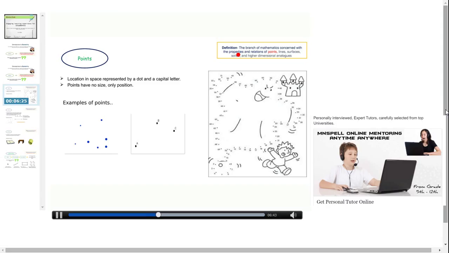And like I said, I'm going to try and relate each and every thing that we learn in geometry with something that you actually experience in daily life, because like I said, geometry is something that we deal with on a day-to-day basis. We just don't realize that that is geometry. So I'm sure as kids, all of us have played this game where we have these little dots and we have to join them to get the figure, like the one over here.